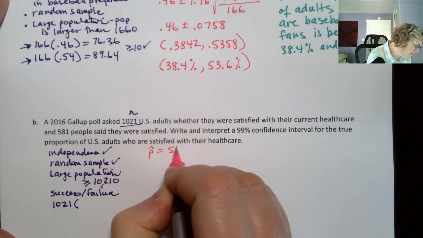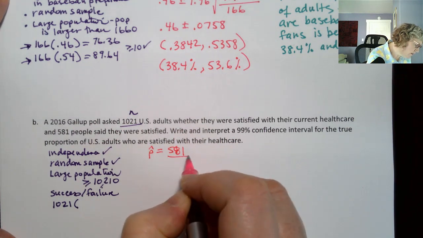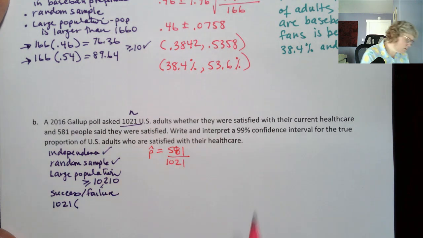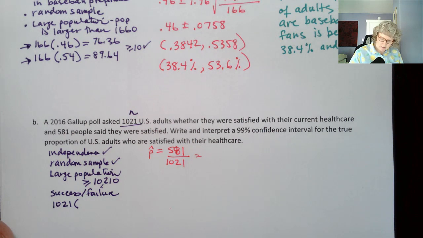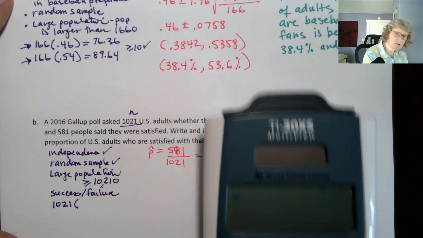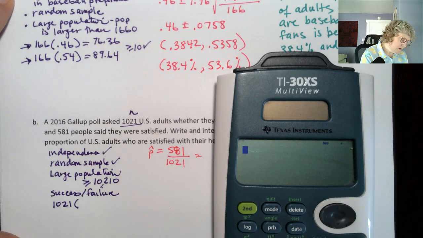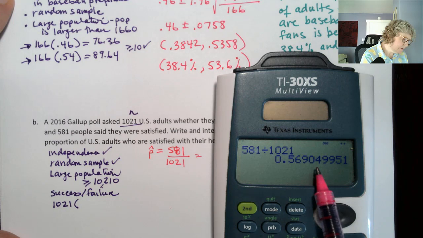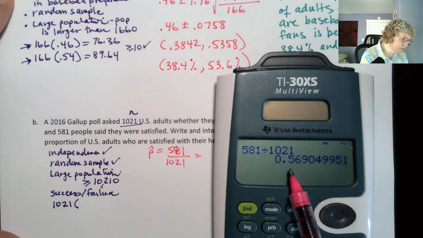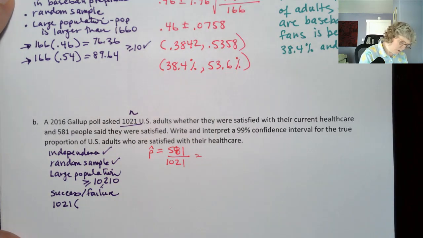Our p hat is 581 over 1,021. Okay, so let's calculate that. 581 divided by 1,021 is 0.5690, and there's a 4 after, so 0.5690 or 0.569.